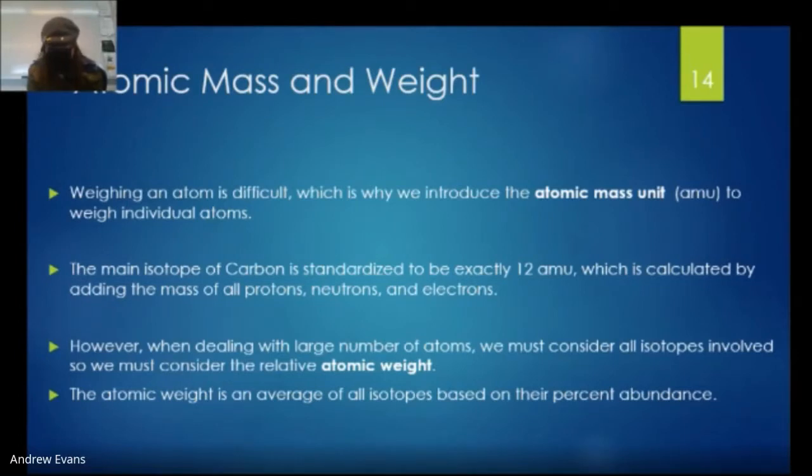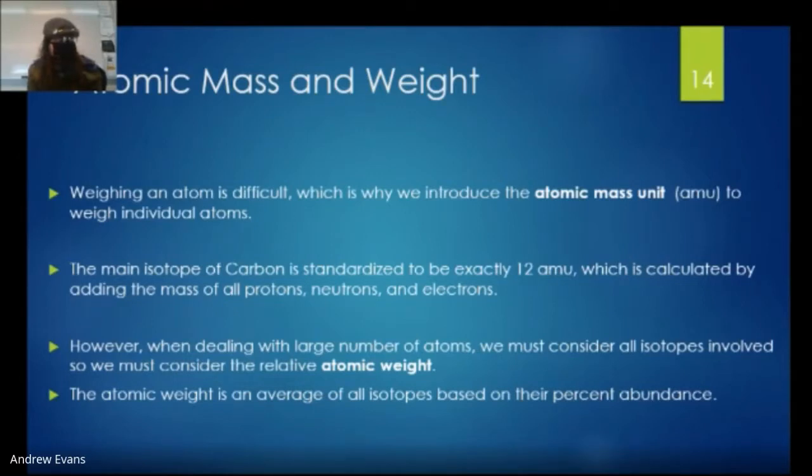In reality, we're going to be dealing with millions and trillions of atoms, some of which are going to be isotopes, which have a different weight. And sure, 1 AMU may not mean much in 2 or 3 atoms.